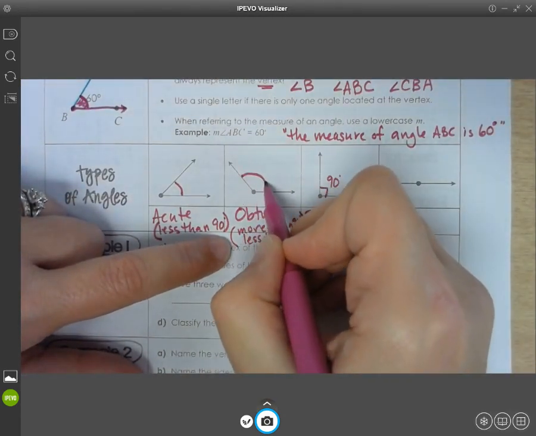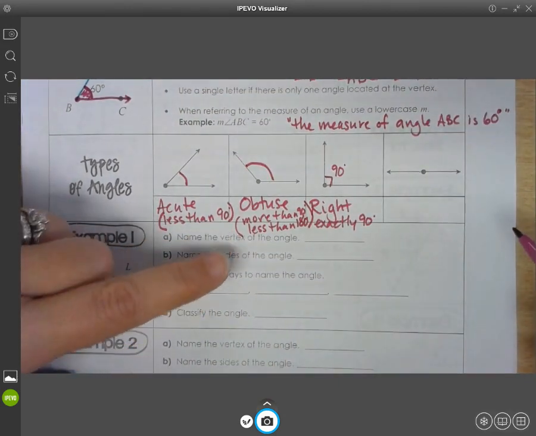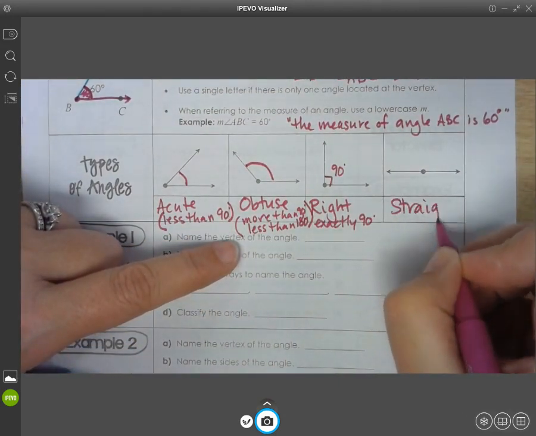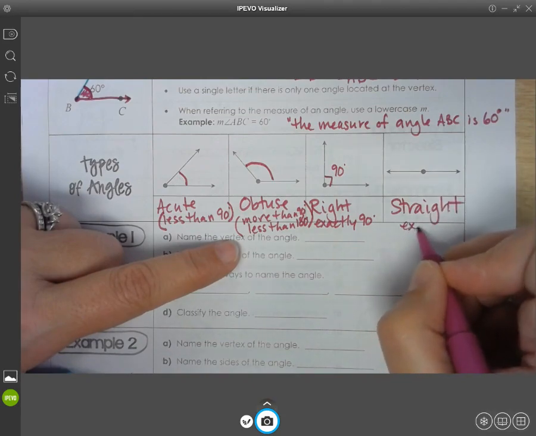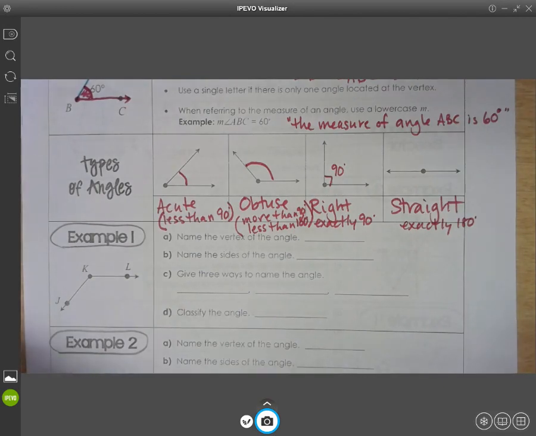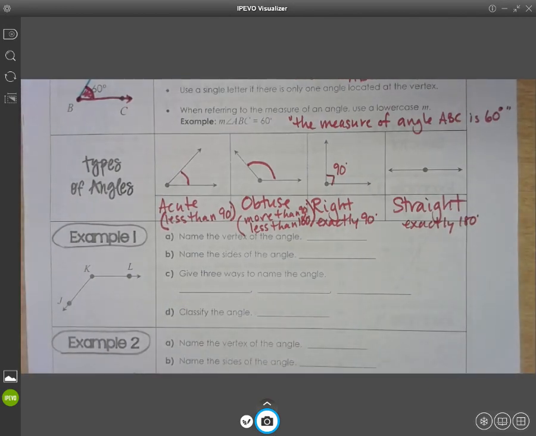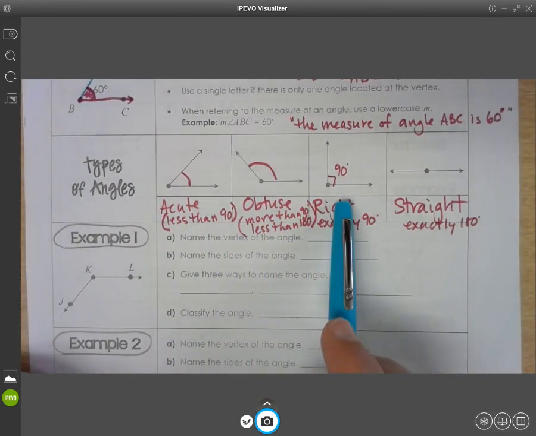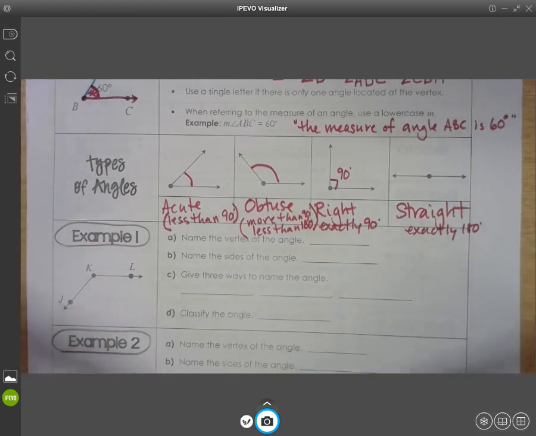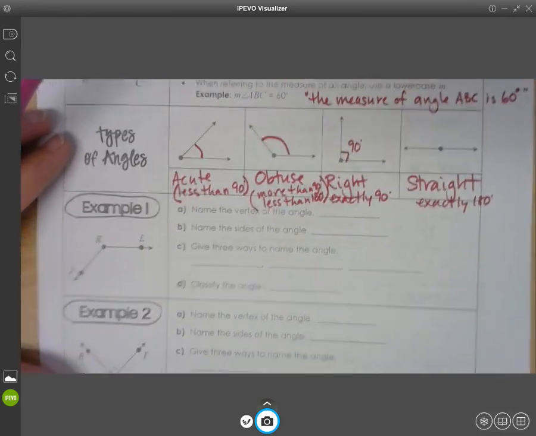This is a big angle. Obtuse, more than 90, less than 180. And this is exactly 180. We call it a straight angle. Exactly 180. Looks like a straight line. Okay? So acute, obtuse, right, straight. You need to be familiar with those. Okay? All right, I'm going to skip the 2 examples. We'll go over those in class.